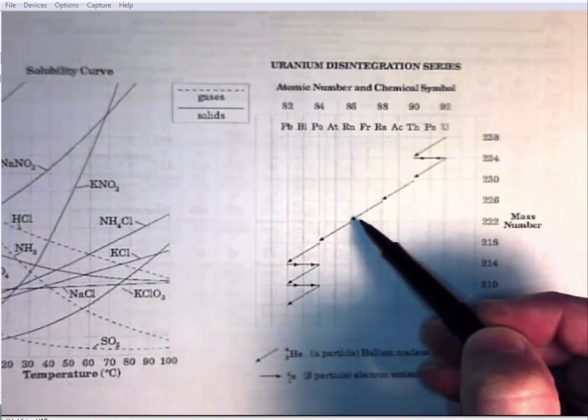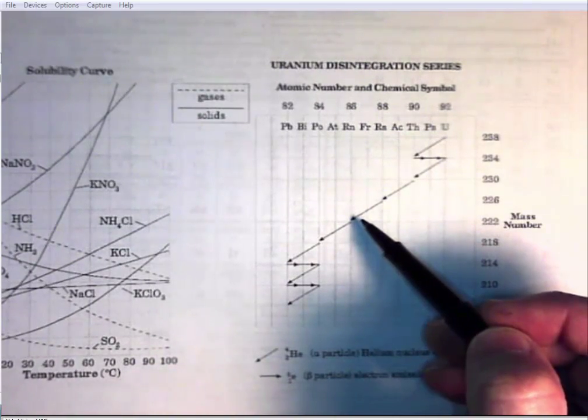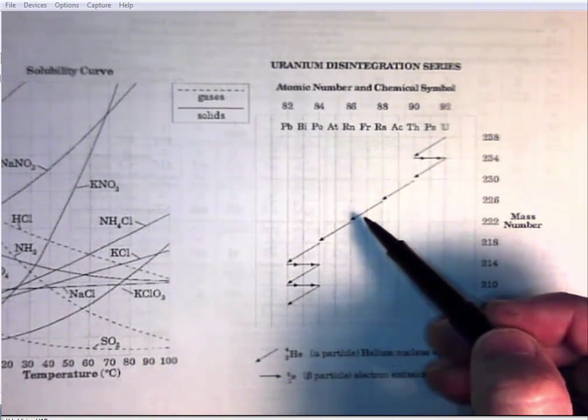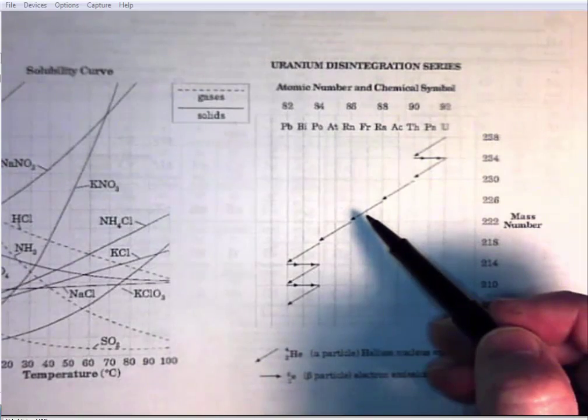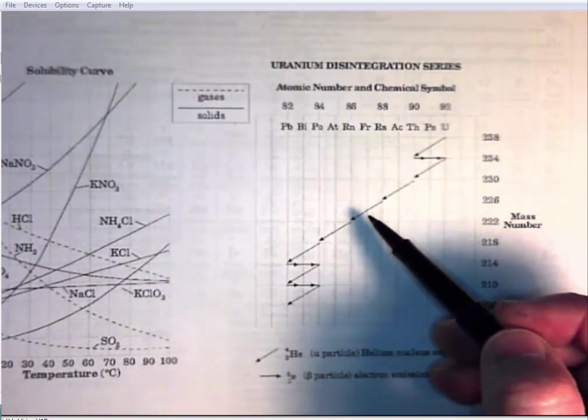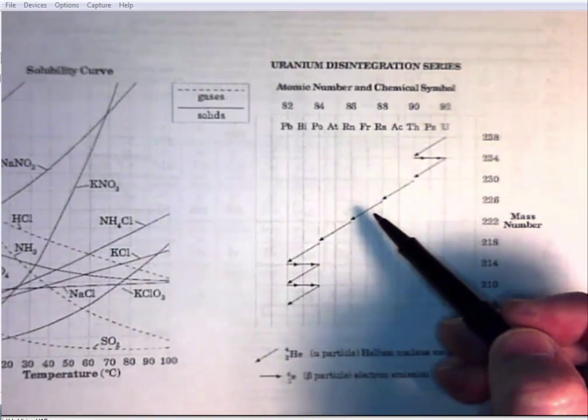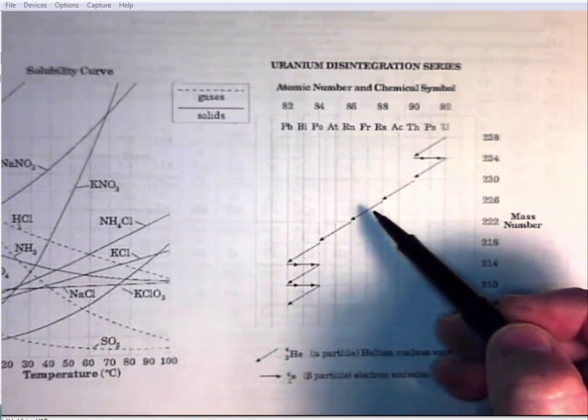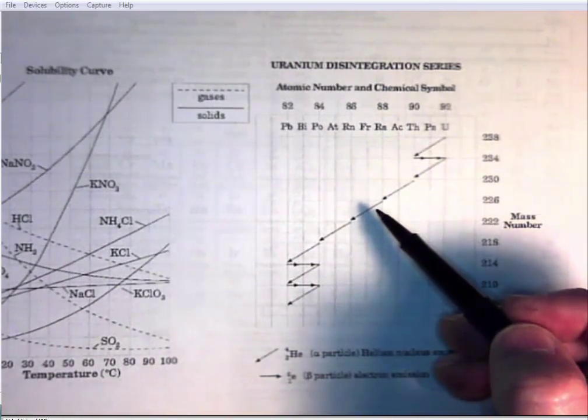Radon is particularly dangerous in our part of the country because radon is a gas, and it percolates up through the soil. We can also call that evolving through the soil, and it gets trapped in your basement area or your crawl space under your house in some houses. Well, that's not good because it causes cancer. You breathe that stuff in, you have a higher chance of having lung cancer.